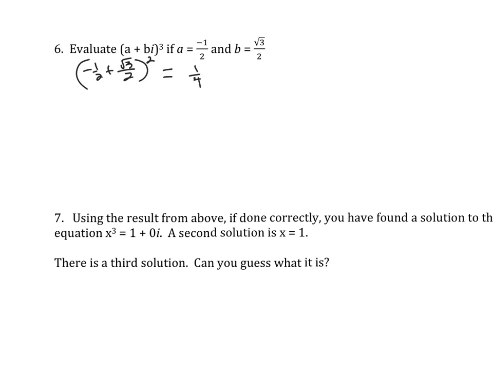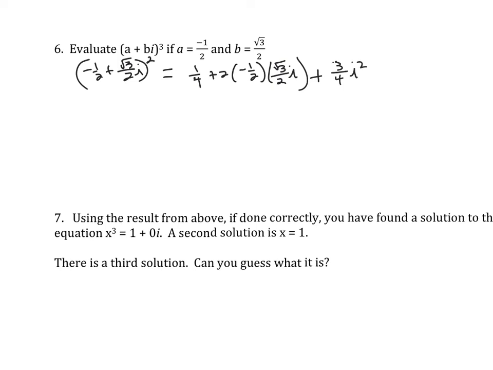And then we're going to have plus 2 times negative 1/2 times root 3 over 2 i, that is, root 3 over 2 i. And then finally we're going to have a plus 3/4, which is root 3 over 2 squared, i squared.